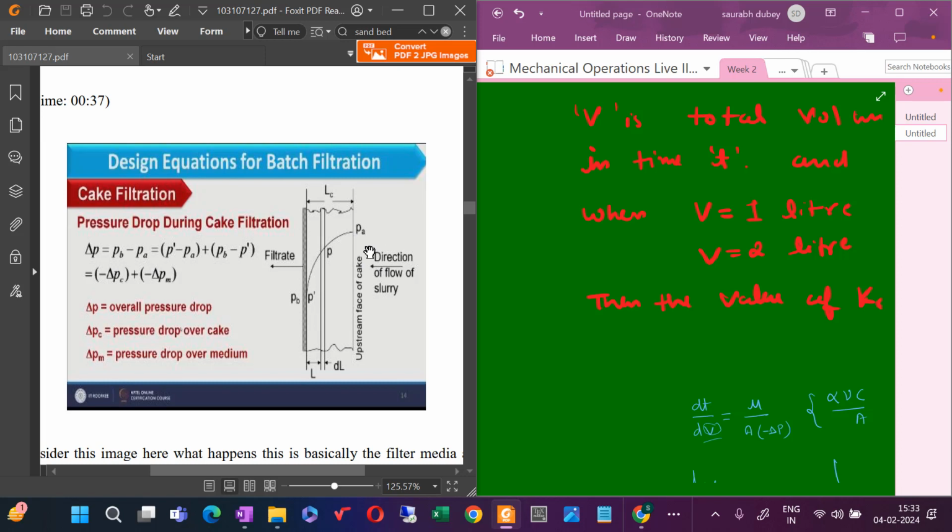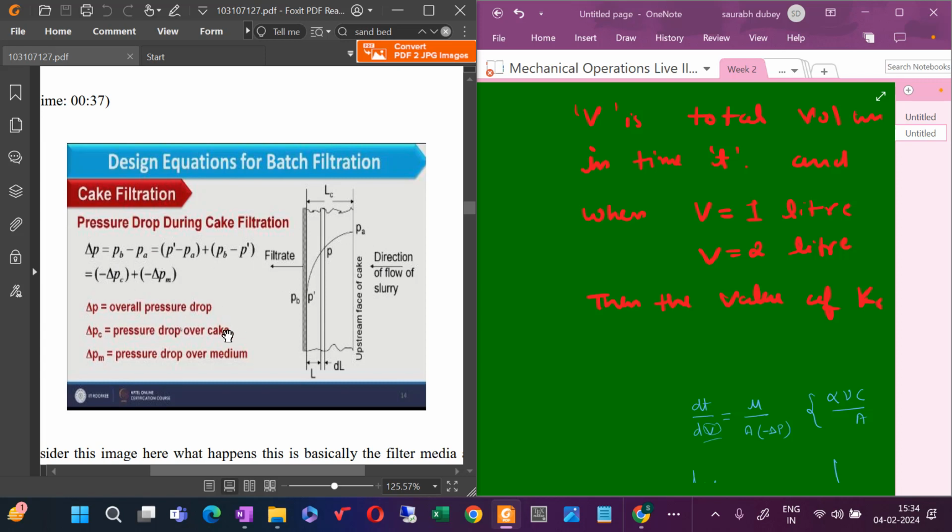So there will be two resistances involved. First is the resistance due to the filter medium, second is the resistance because of the cake.